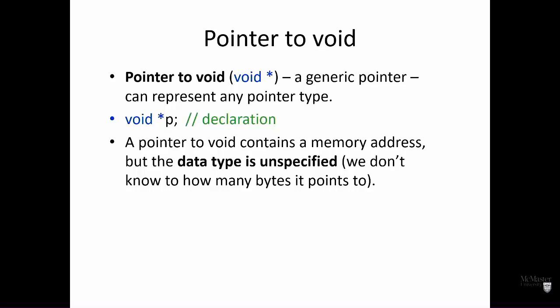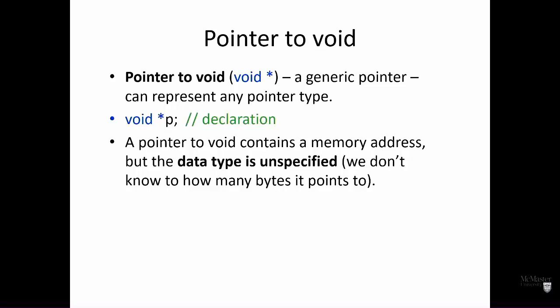So we had an example: if you have a pointer to an array of integers, where the pointer is pointing to A1, and you want to go to A2, you just say B plus 1, where B is the pointer. Why does this work? Because the compiler is going to take the 1, multiply it by the size of the integer, which is 4 bytes, and then jump to the second element, right?